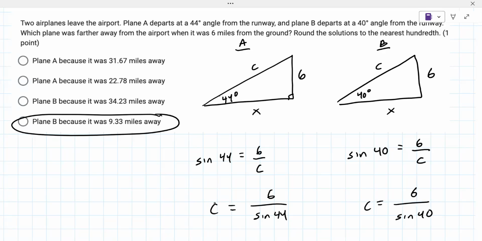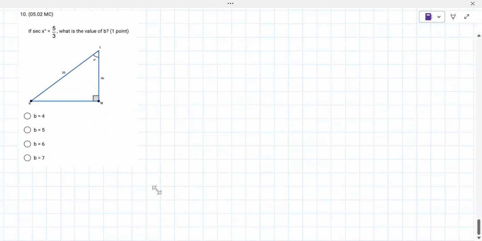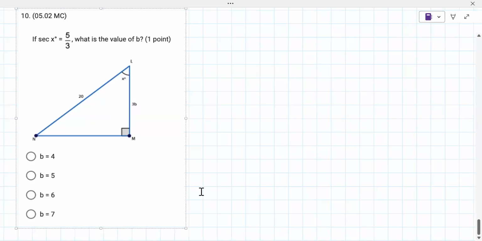So it's in the chat now. All right, if secant x equals 5/3, what is the value of B?